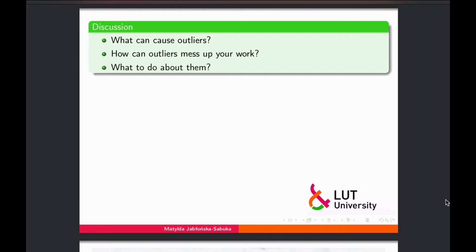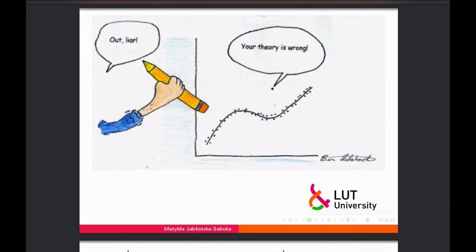Now, how can outliers mess up our work? Well, think of it: you have some nice looking data and you can fit either a nice looking straight line or a polynomial, and then there is this one observation which sticks out. Remember that this is far away and it is pulling the regression fit line away from the rest of the data.